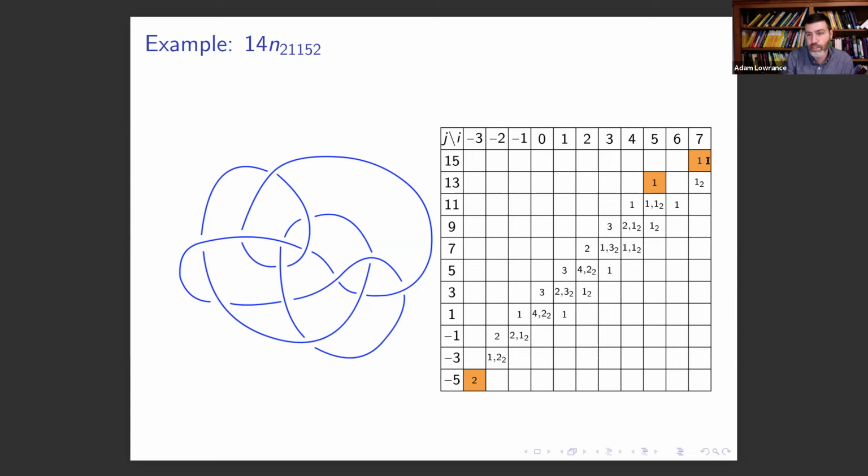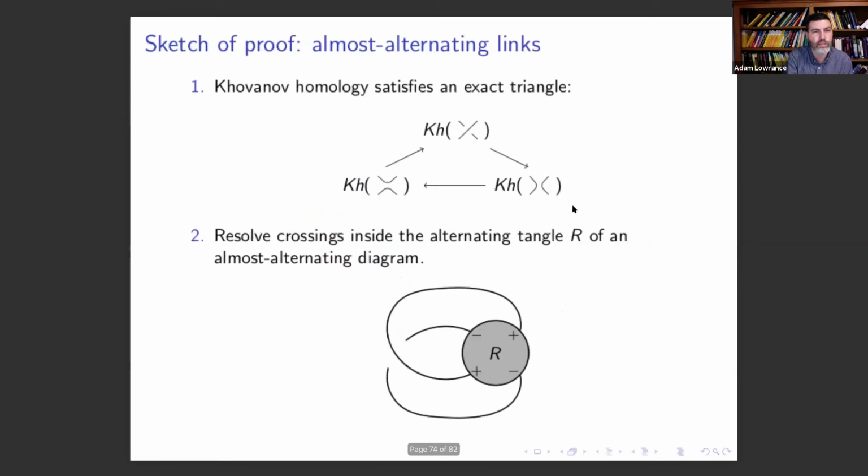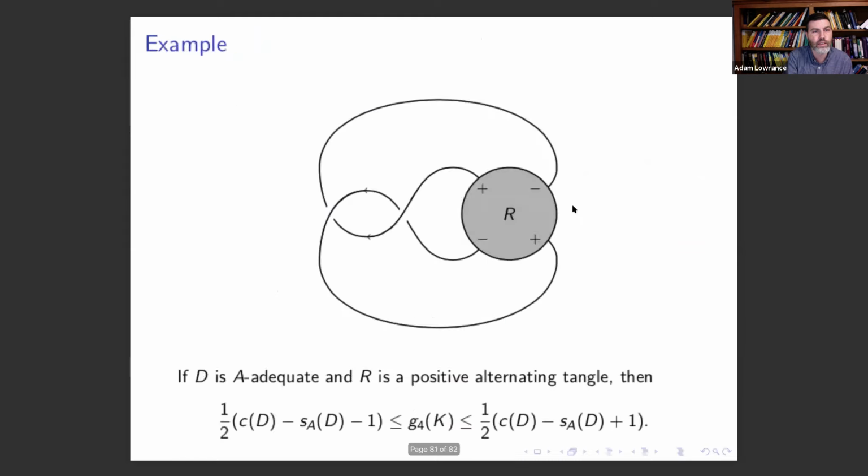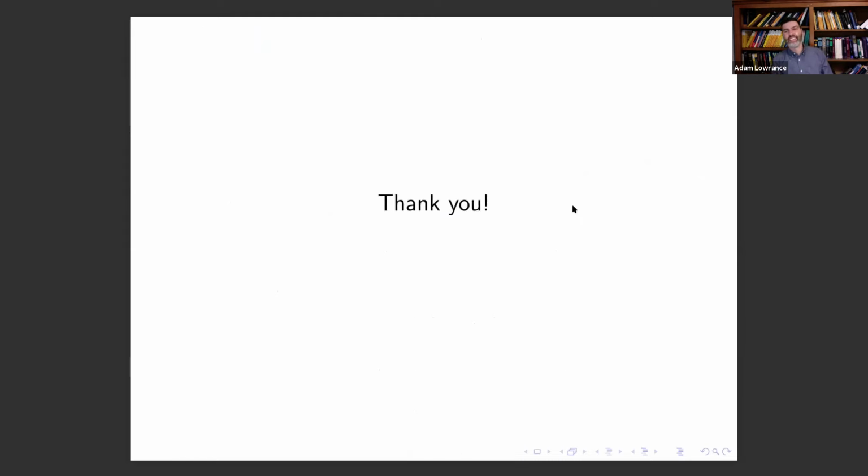The top entry is 1, again what it's supposed to be. But if this was derived genus 1, the entry in the middle that's orange should be 0. So it sort of lifts this Jones polynomial statement to the Khovanov world. And the proofs here use the skein exact triangle in Khovanov homology. And that's all I'll say.